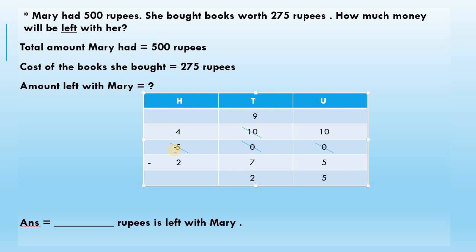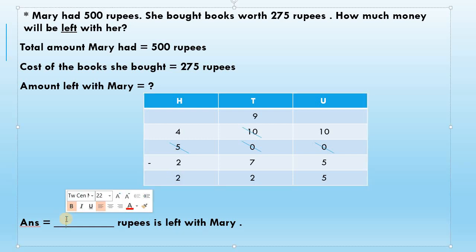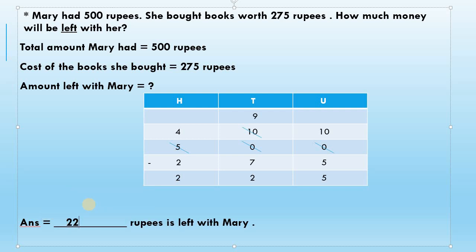So, 5 minus 1 will be 4. 4 minus 2 is 2. So, the answer is 225. Okay, 225 rupees is left with Mary.